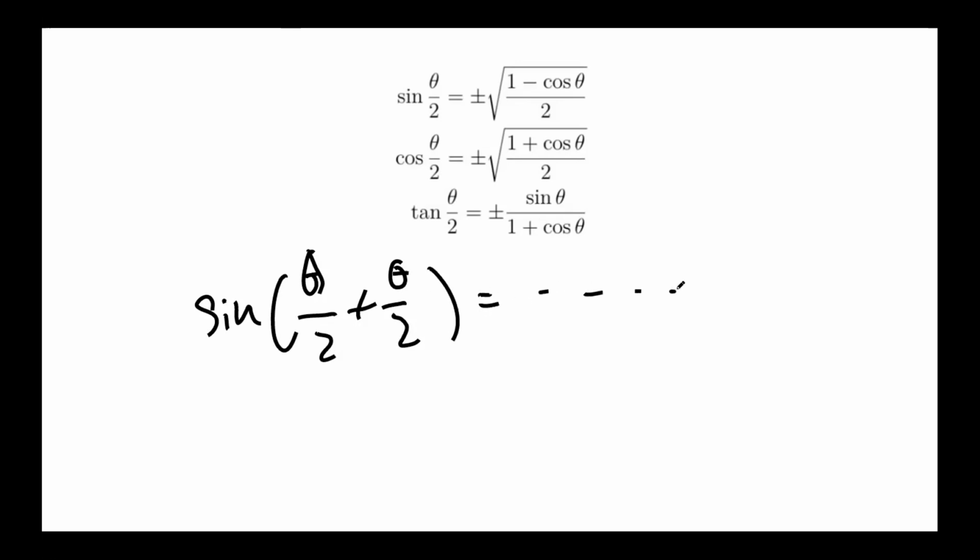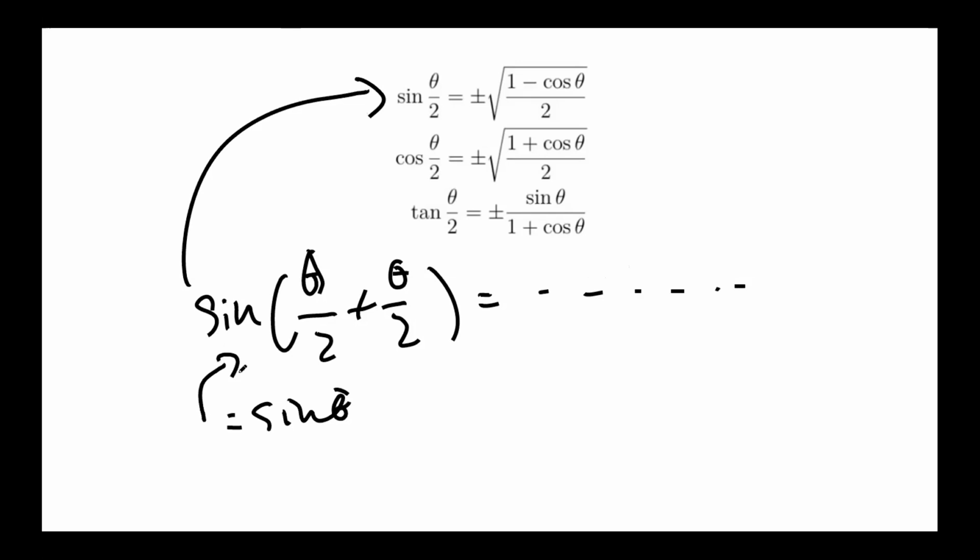If we do everything out, we can come away with this. Since this thing is equal to sine of theta, that will give us an expression for sine theta over 2. And the proof for that will be in the handout as well.